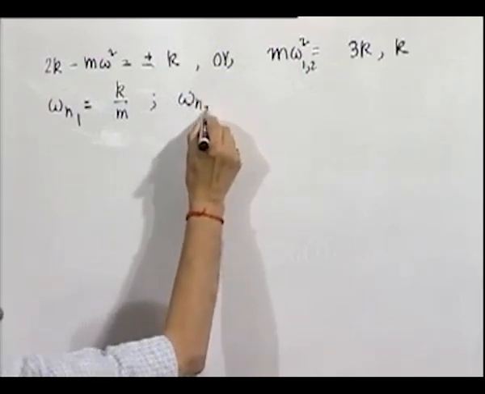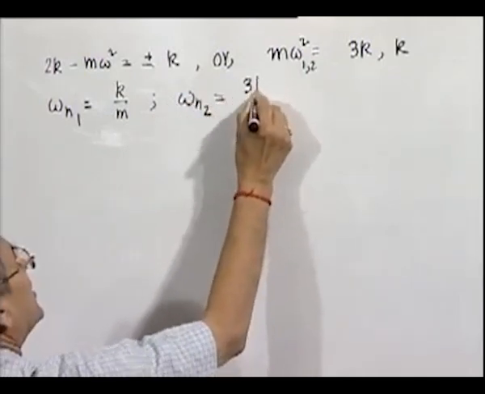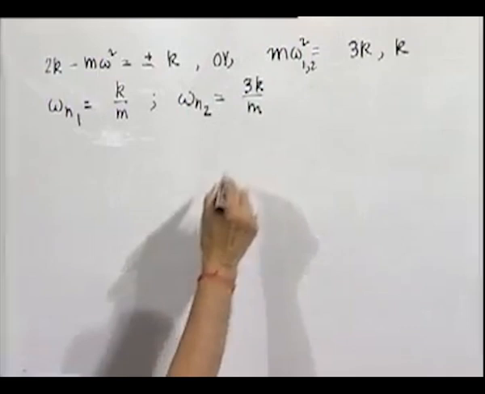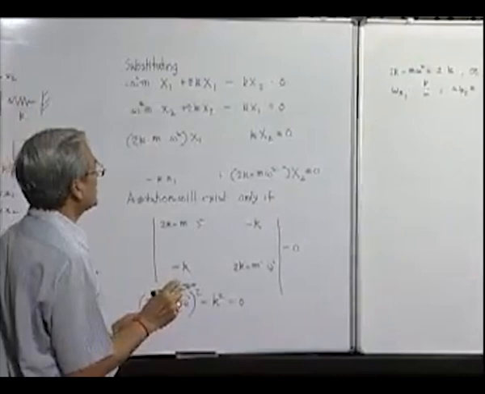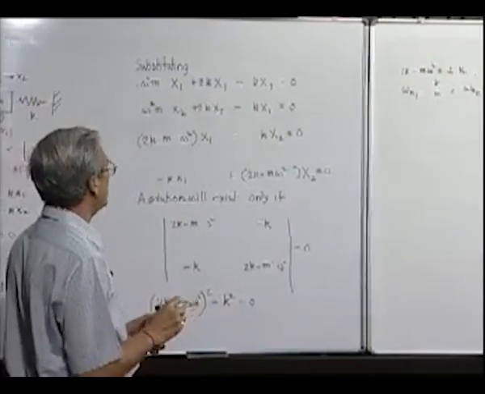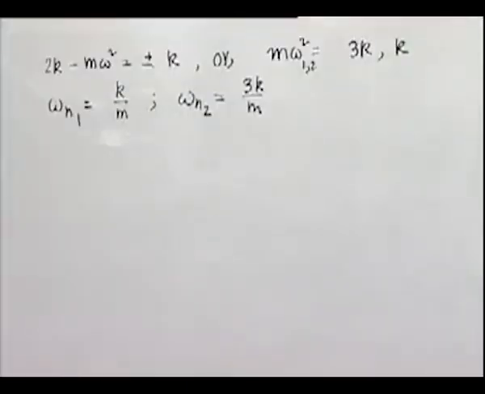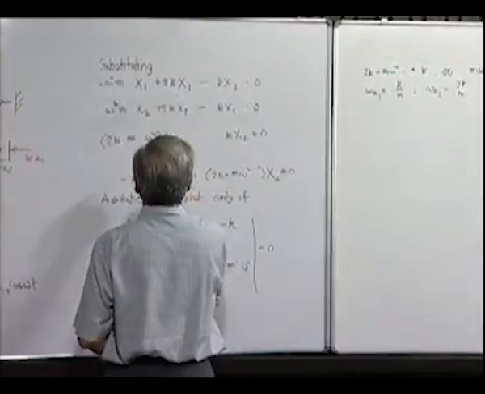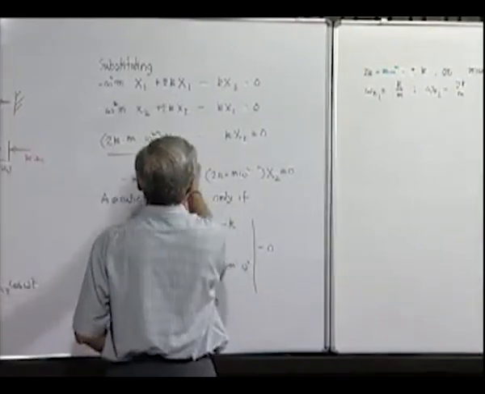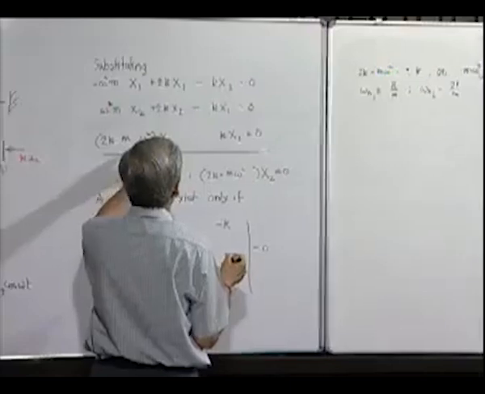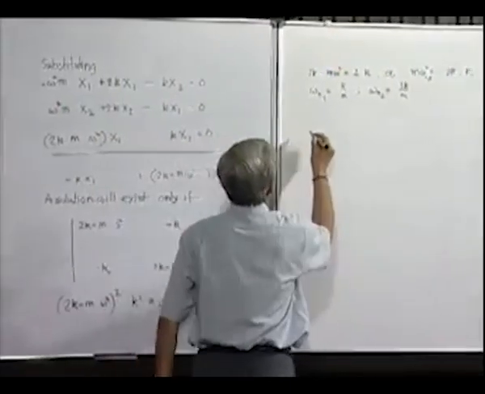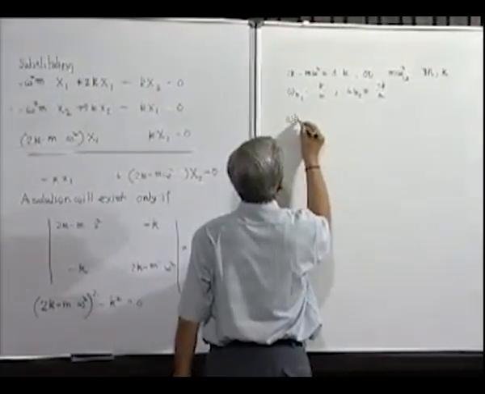If we use the plus value, we will get m omega square equal to 3k. If we use the minus value, then obviously we will get m omega square equal to k. So, the two natural frequencies: omega n1 is equal to square root of k by m, and the second natural frequency will be square root of 3k by m. So, natural frequencies we have got.